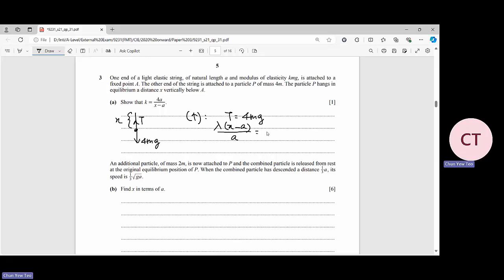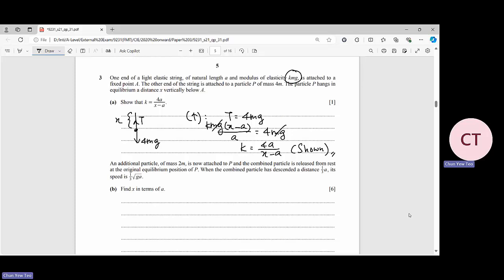This is the a. Then you get 4mg. But the question gives you lambda as kmg, so we just change the lambda to kmg. Cancel the mg. Therefore, you get k is equal to 4a over (x minus a), shown. That is the answer for part A.